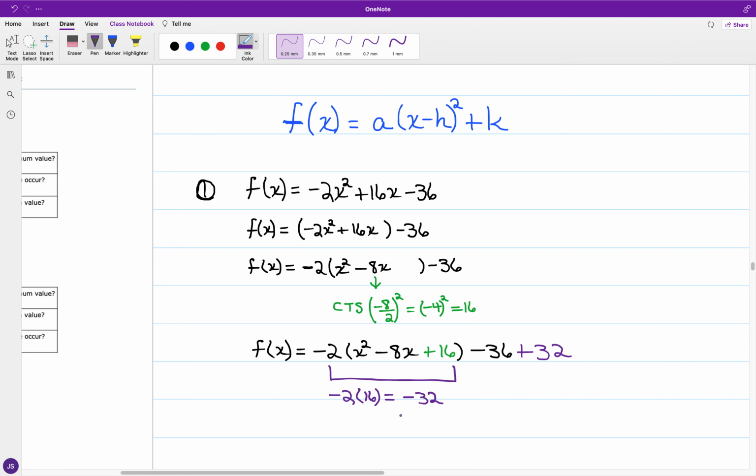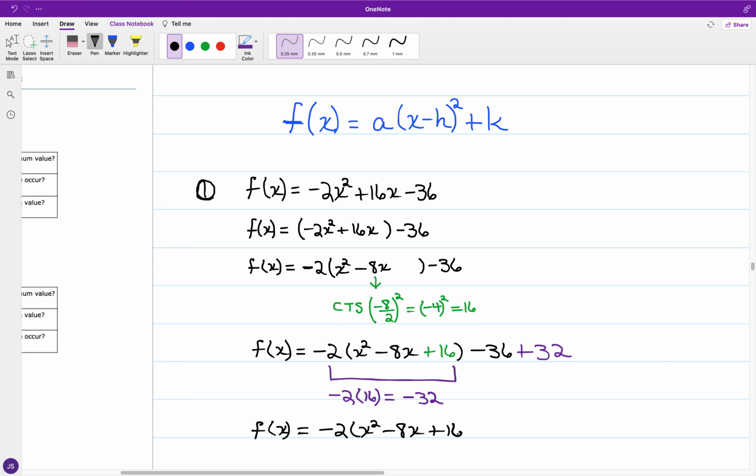And so for f of x, we have negative 2 times the quantity x squared minus 8x plus 16, and then we have negative 36 plus 32, which is going to be negative 4.